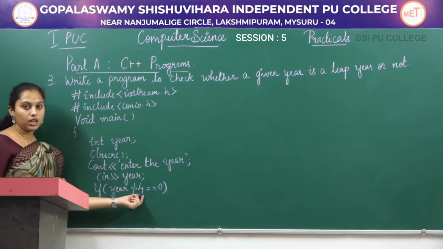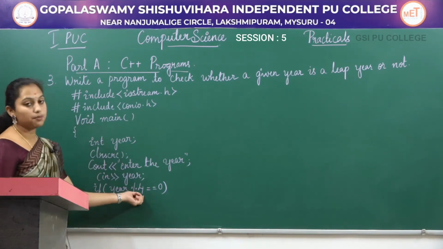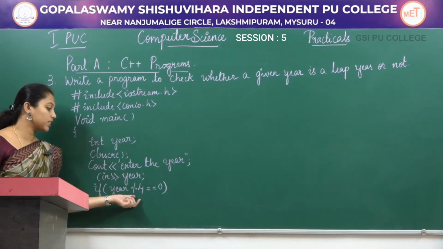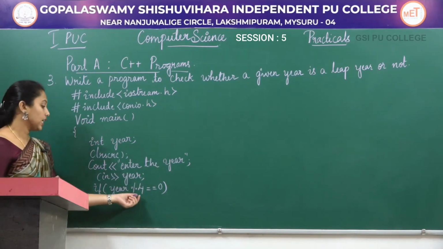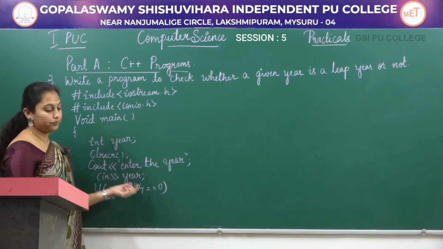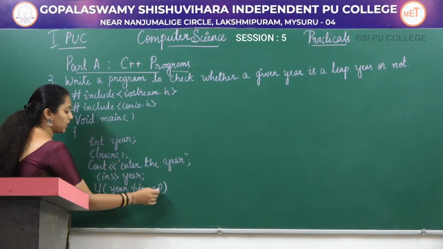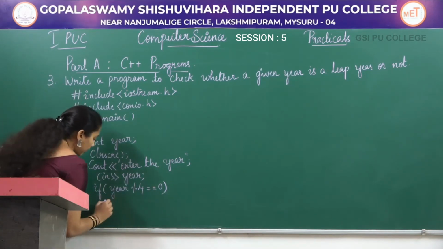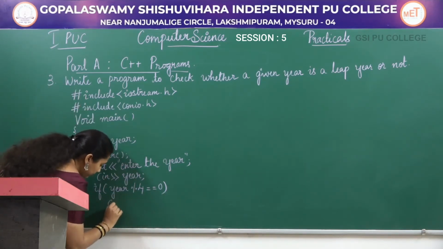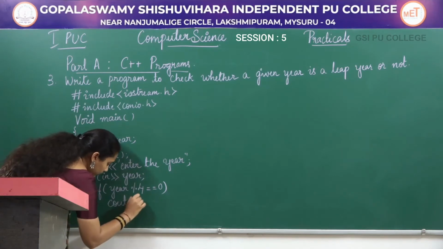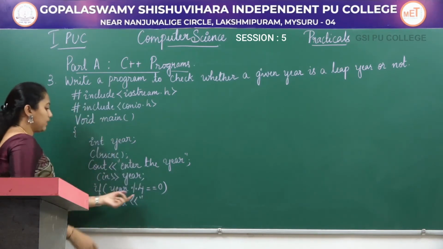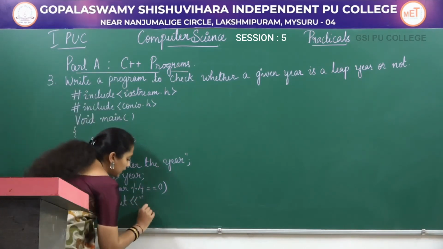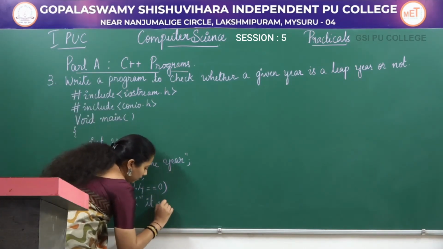Why is it 4? Because a leap year comes once in 4 years, hence this is 4. Here, year modulus 4 is equal to 0. If this condition is satisfied, then I have to print that it is a leap year.